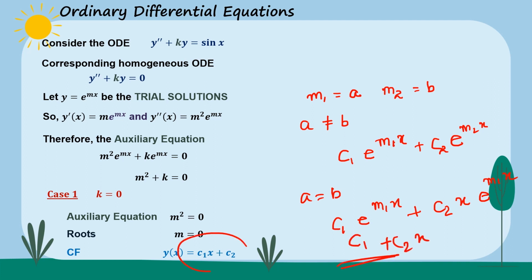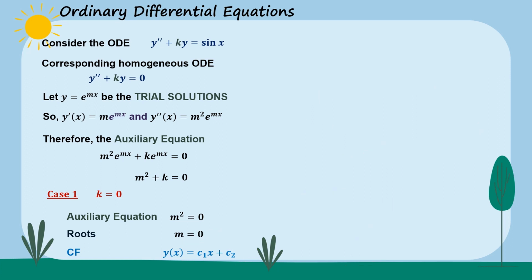Here we wrote it in the same form, just interchanging the names of the constants. Always remember that for an auxiliary equation, if the roots are unequal, the solution will be c1 e to the power m1x plus c2 e to the power m2x, and if they are equal, it will be (c1 plus c2x) multiplied by e to the power mx. Okay, that's it. So we get the complementary function in this approach.